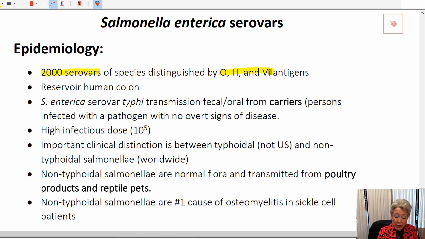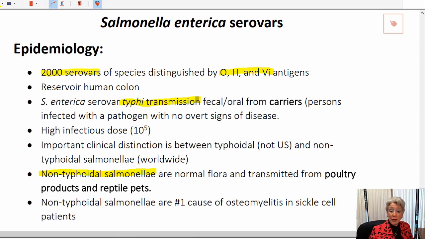So we either have the non-typhoidal Salmonella, which are transmitted from poultry and reptile pets, or we have the typhoidal Salmonella that are responsible for typhoid fever. So if you know the typhoidal versus the non-typhoidal ones, you're going to be good enough.